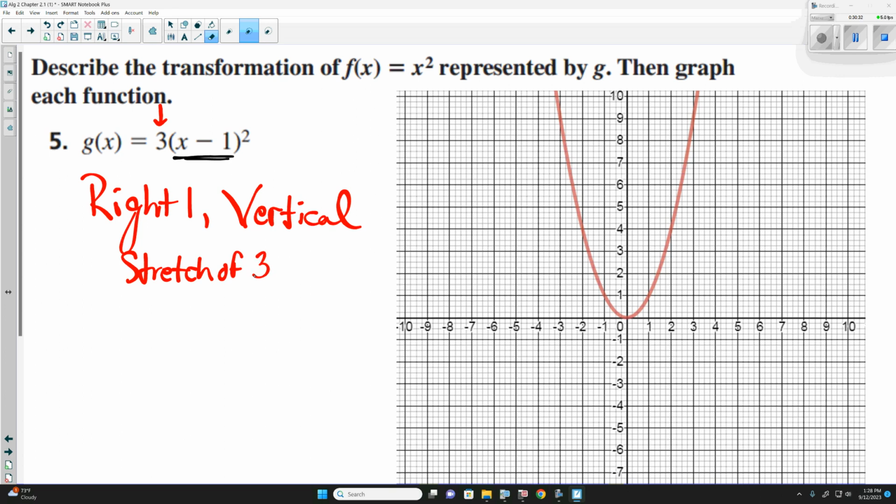Because this is the same as our a times x minus h squared plus k. That a, if it's negative out in front of the parentheses, it's a reflection across the x. If a is a number greater than 1, it's a stretch. If it's between 0 and 1, it's a shrink.